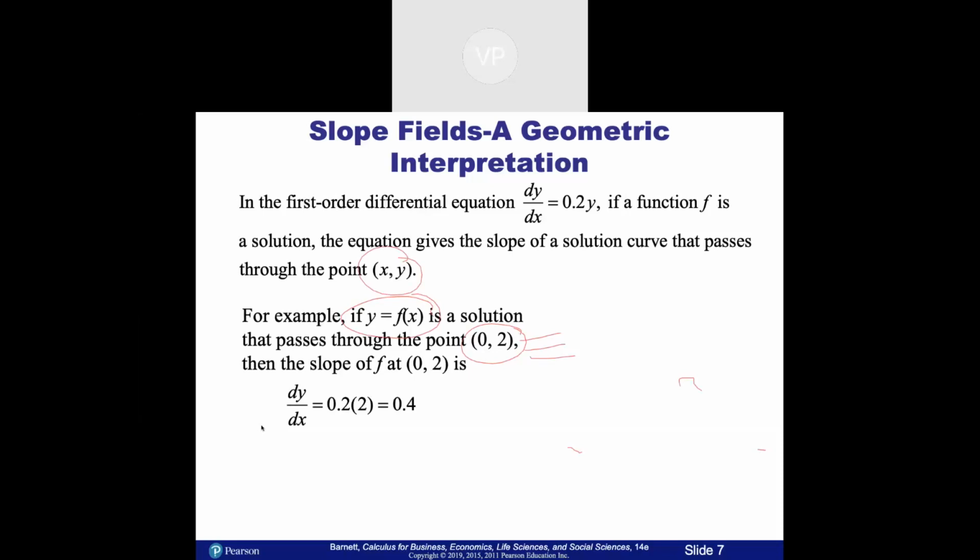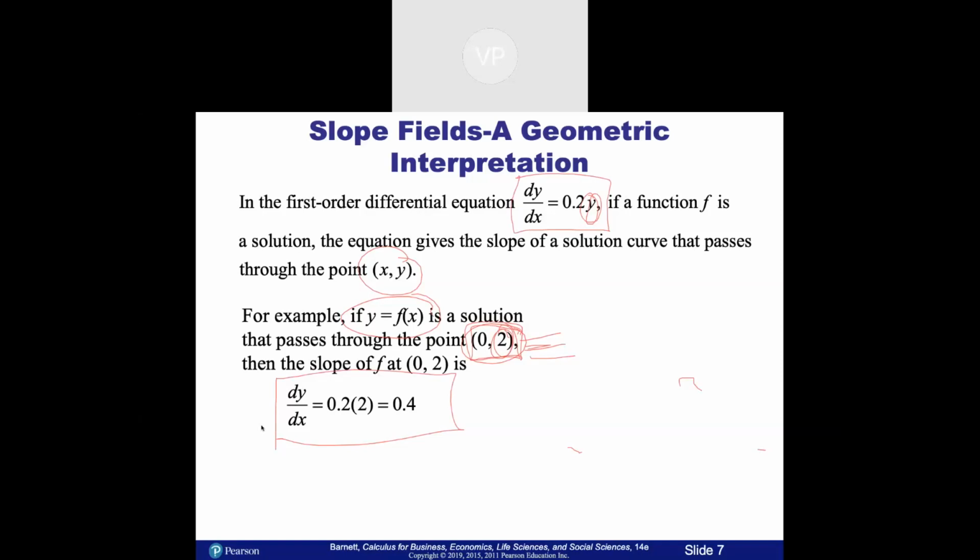So what I want you to see is, whenever you have a given point, in the past we would plug the x into the derivative equation. Well, in this particular function, we don't have an x, but we do have a y. That's what we're replacing in place of this y. And they're saying at that point, the slope of the tangent line is going to be 0.4.